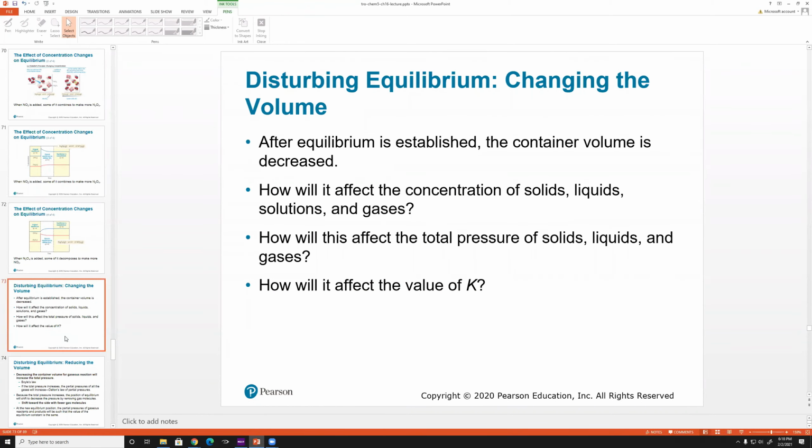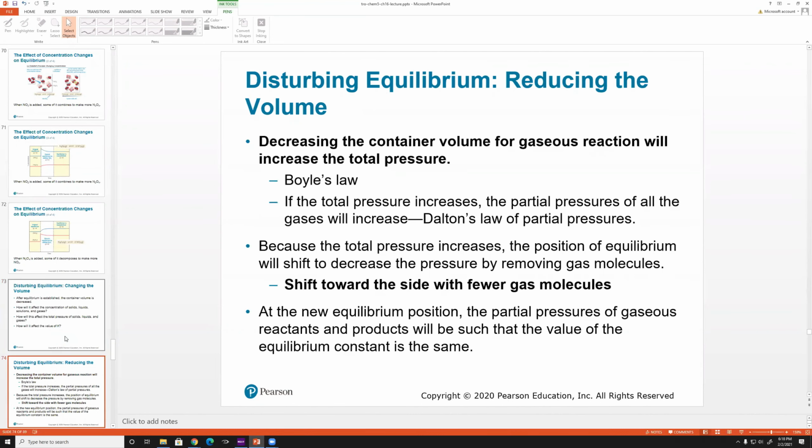Things can react at a higher pressure as opposed to a lower pressure. And the pressure dictates how much the molecules move. So it makes sense that if you change the volume of a gaseous reaction, it changes the pressure of the reactants and products, and the pressure equilibrium has to be restored.